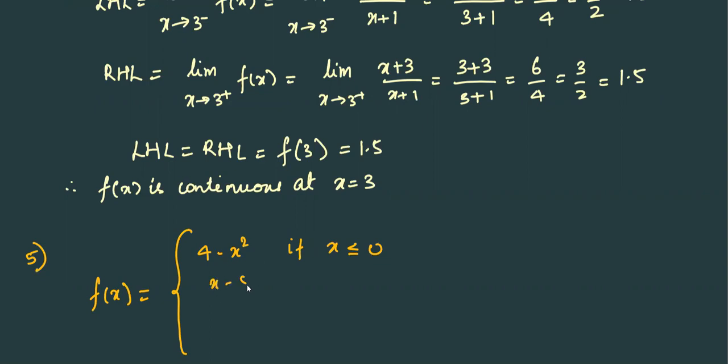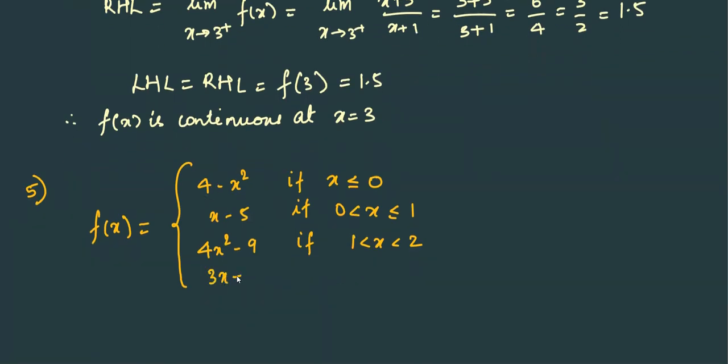It is x minus 5 if x lies between 0 and 1, and 4x square minus 9 if x lies between 1 and 2, and it is 3x plus 4 if x is greater than or equal to 2. So discuss the continuity.